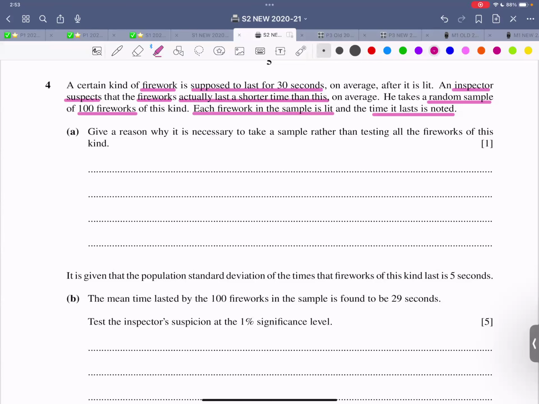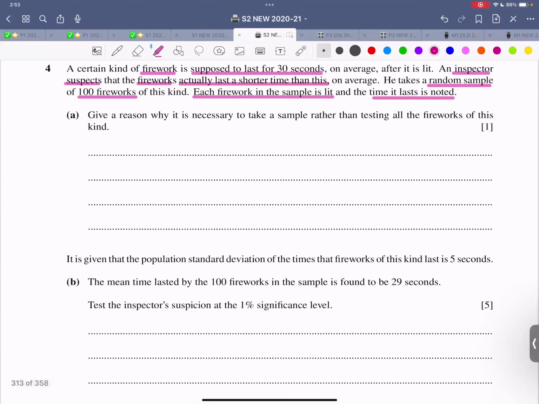All good, all clear? Now, what comes to your mind? Is it normal? Is it binomial? Is it Poisson? I think what comes to your mind is that it should be a binomial scenario. But before that, what are they asking? They are asking to give a reason why it is necessary to take a sample rather than testing all the fireworks of this kind.